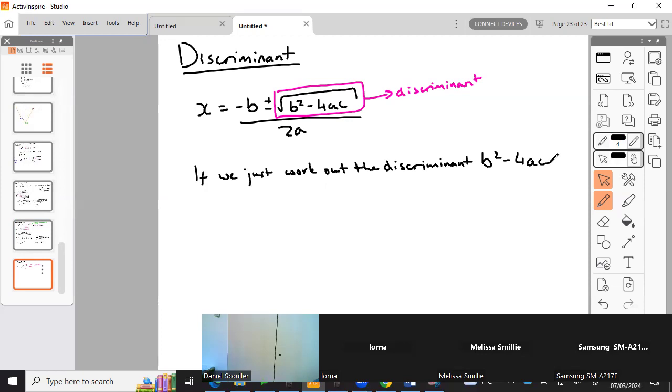If we just work out the discriminant b squared minus 4ac, then it tells us if we've got roots or not.